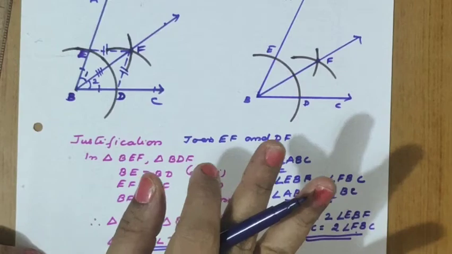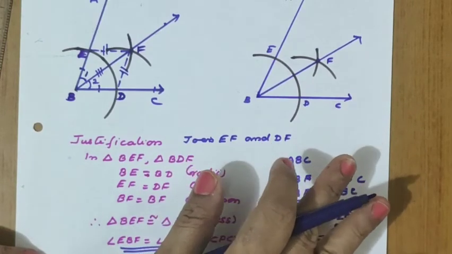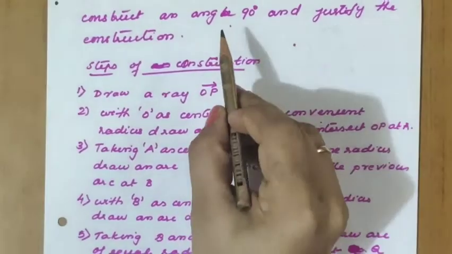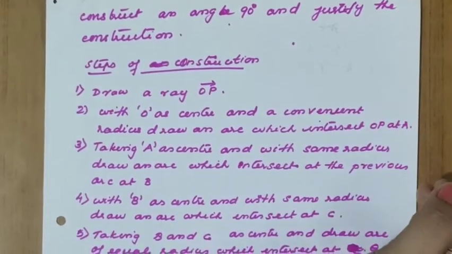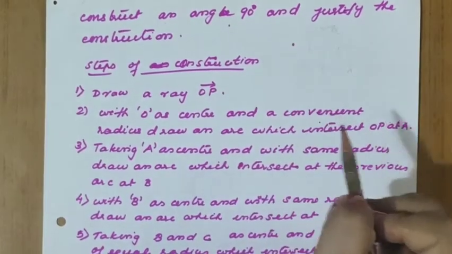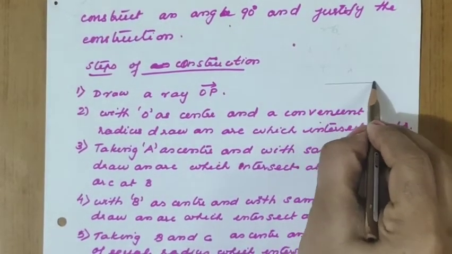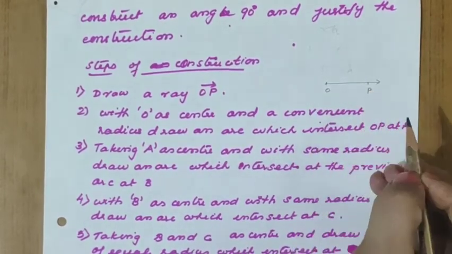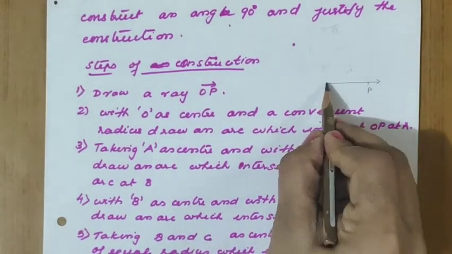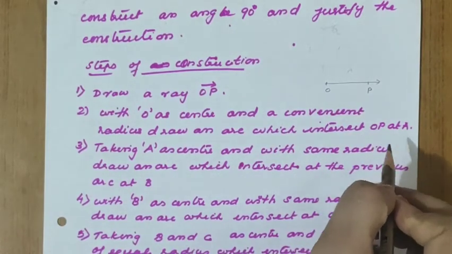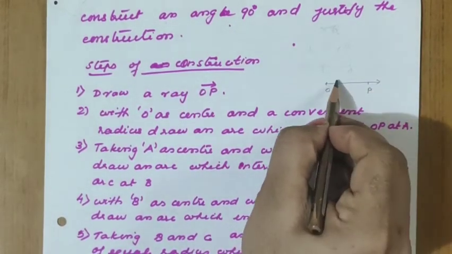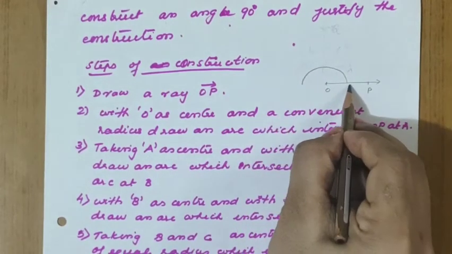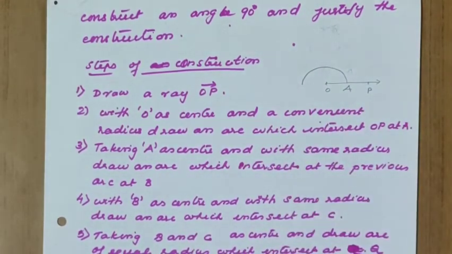We have now learned how to bisect a given angle. Construct an angle of 90 degrees and justify the construction. Draw a ray OP. With O as a center and a convenient radius, draw an arc which intersects OP at A. So we will draw a semicircle here, which is cutting OP at A. Right?